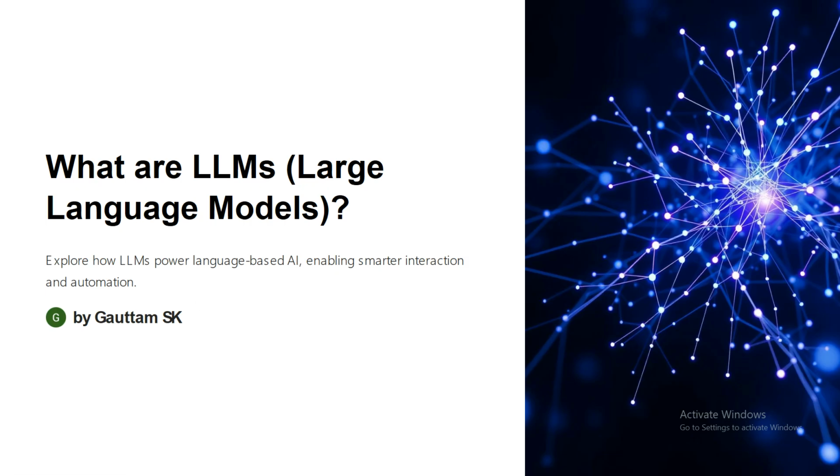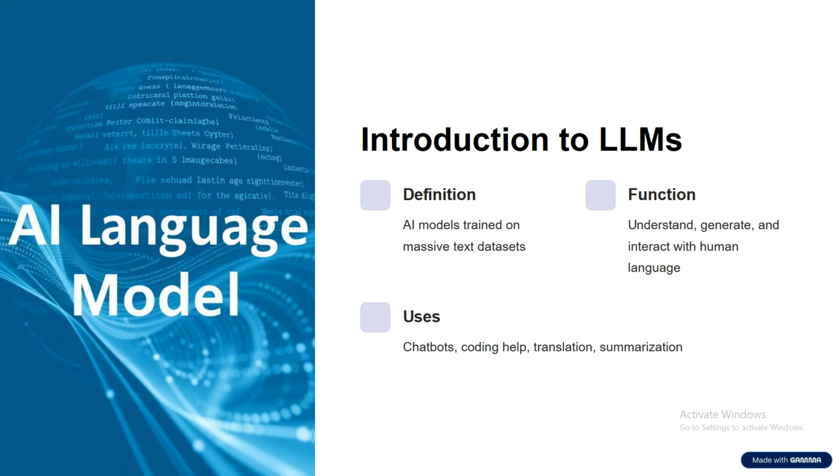LLMs are AI models trained on a massive text data set. So, what is an LLM? An LLM is an AI model trained on a massive text data set. In the image, you can see that in the backside of this text there is a lot of massive text data.